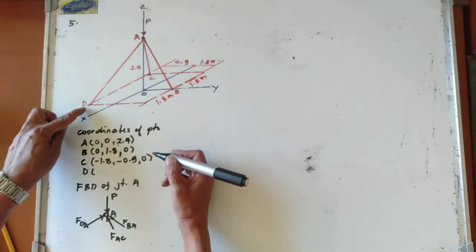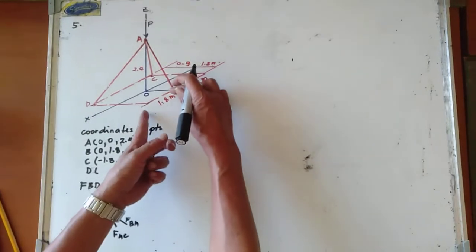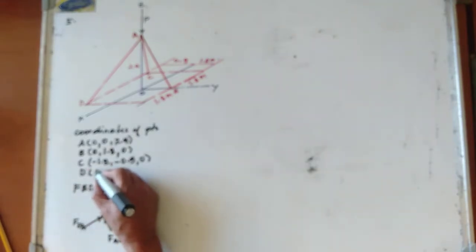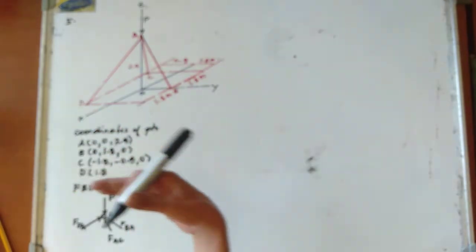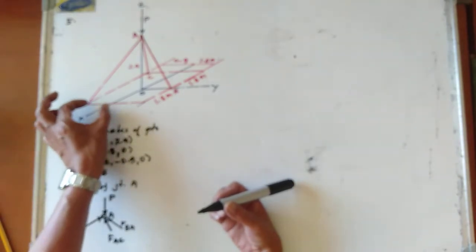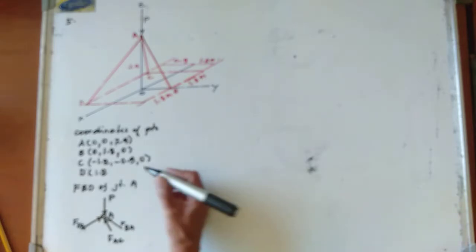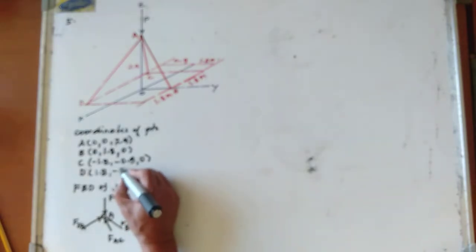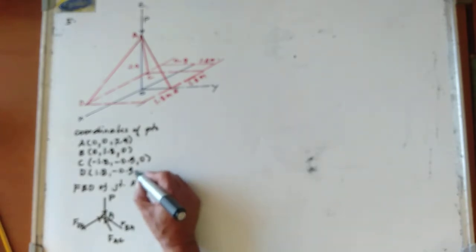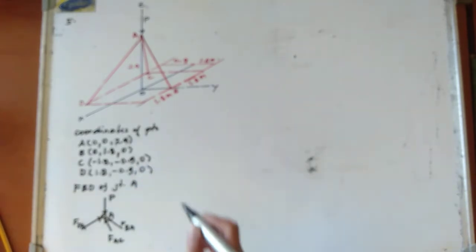For point D, the x coordinate is positive 1.8, forward of the origin, the y coordinate is negative 0.9 meters, and the z coordinate is equal to 0.